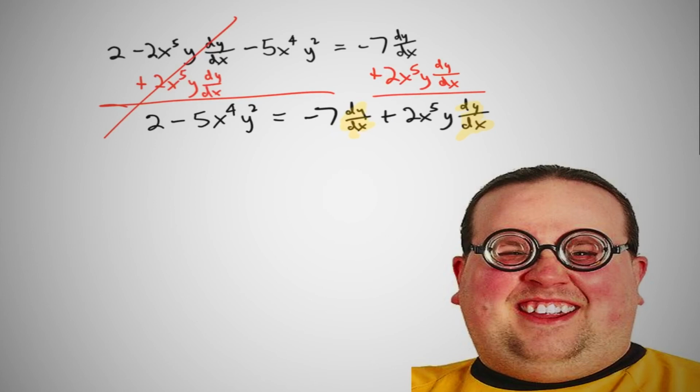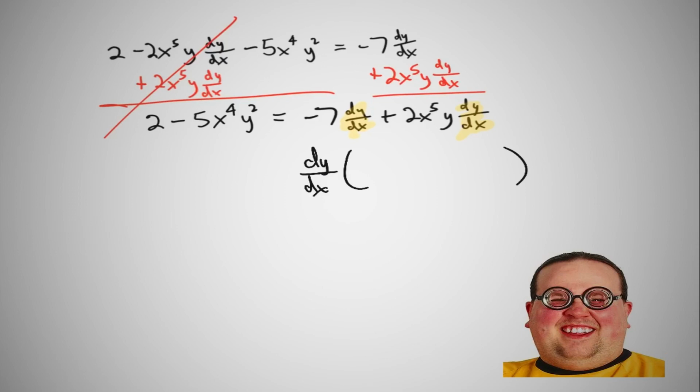I'm gonna factor out a dy/dx. So when you factor out the dy/dx, you're left with that -7 plus the 2x to the 5th y, right? And that's still equal to 2 minus 5x to the 4th y squared.